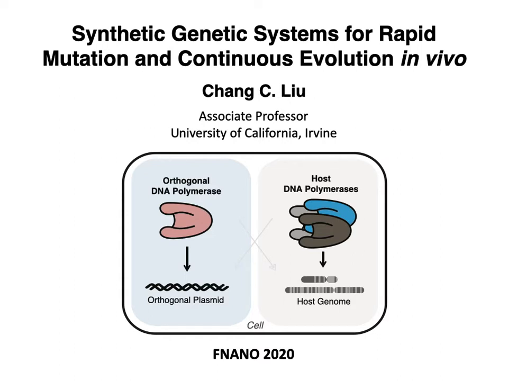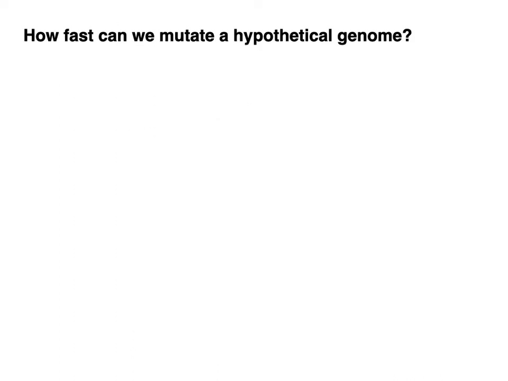This means that we can engineer the orthogonal DNA polymerase however we want, and its engineered properties will only act on the orthogonal plasmid. In particular, and as you'll see throughout this talk, we can engineer the orthogonal DNA polymerase to be highly error-prone in order to drive the rapid evolution of genes of our choosing encoded on the orthogonal plasmid.